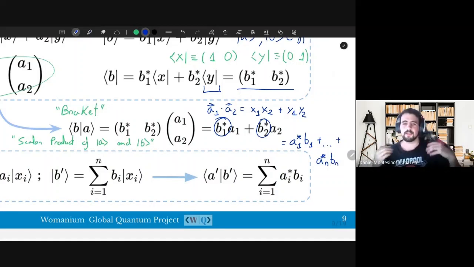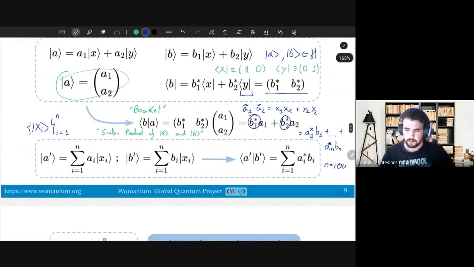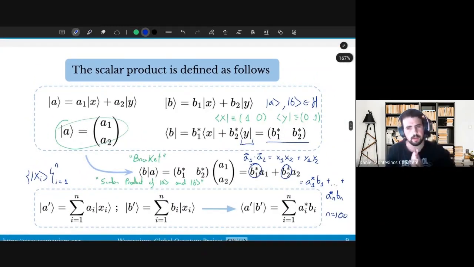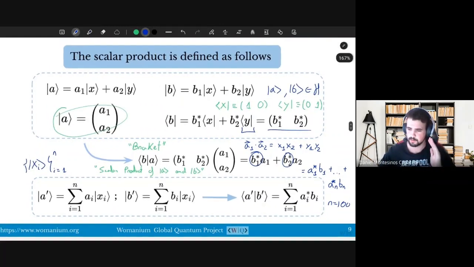This is just an easy way to write a lot of summing terms, because imagine you have n equals 100. You are not going to be writing every number, right? That's why we usually use this and other mathematical symbols. So this is going to be our scalar product. I hope everything is understandable. This is quite important to understand, I would say.